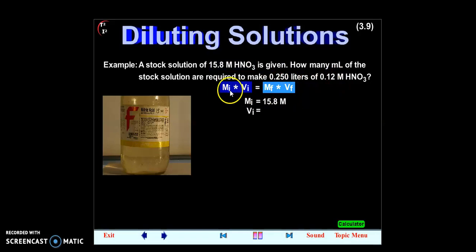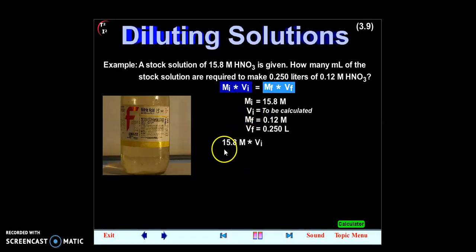So we use the same formula, MI VI equals MF VF. MI is 15.8, VI is to be calculated, MF is 0.12 molar HNO3, and VF is your 0.25 liters. So using your formula above, you are going to substitute the values and find the amount of VI.